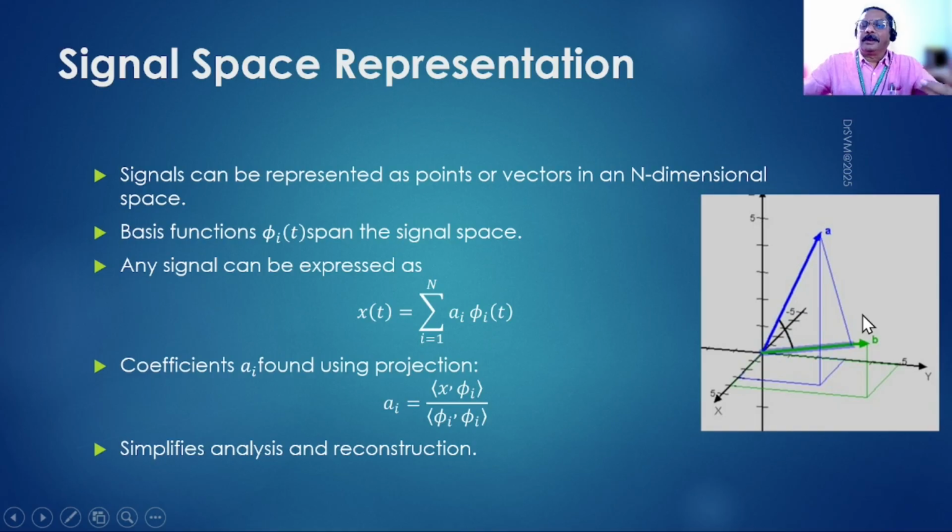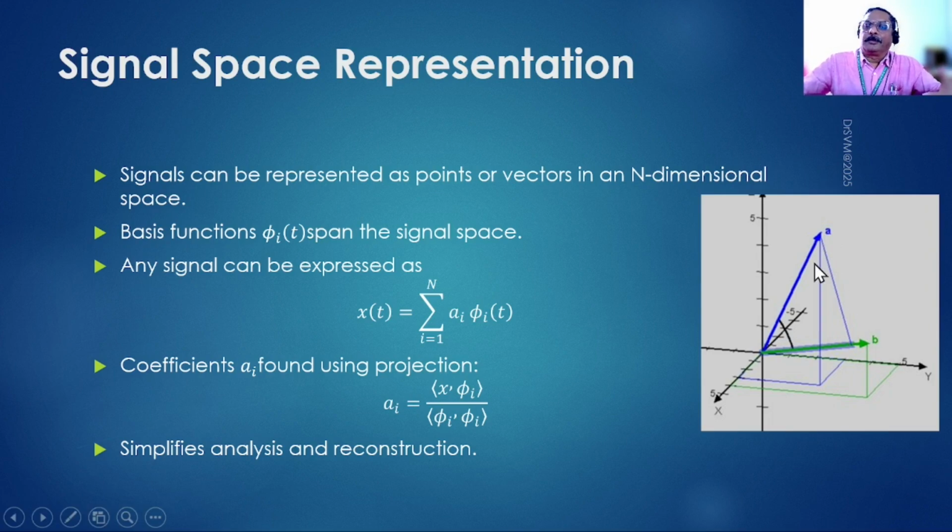So we are talking about a three-dimensional world, and A happens to be this point, and the line from the origin to that point is vector A. This point is B, and the line from the origin to that point is vector B. If you drop down from this, the darker green part is the projection of A over B, that is A dot B.